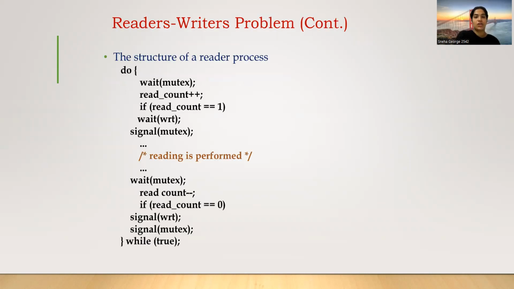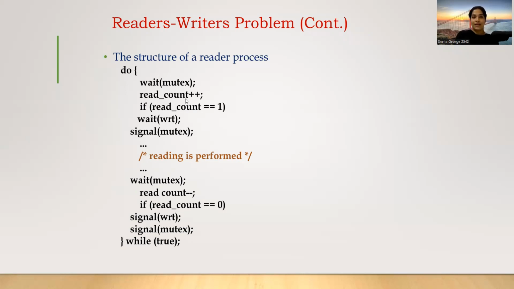Next, coming to the structure of a reader process. Initially, as we said, the mutex value and write value are initialized to 1 and the read count is 0. So it says wait of mutex. Wait of mutex means the mutex value will change from 1 to 0.